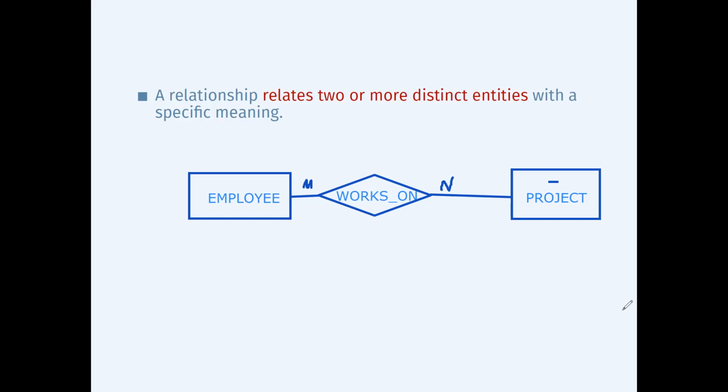Okay, let me ask a small question before we move to the next one. What kind of relationship will you see between employee and department? Employee works for department. Is it one-to-one, one-to-many, or many-to-many? This is how you should look at it.